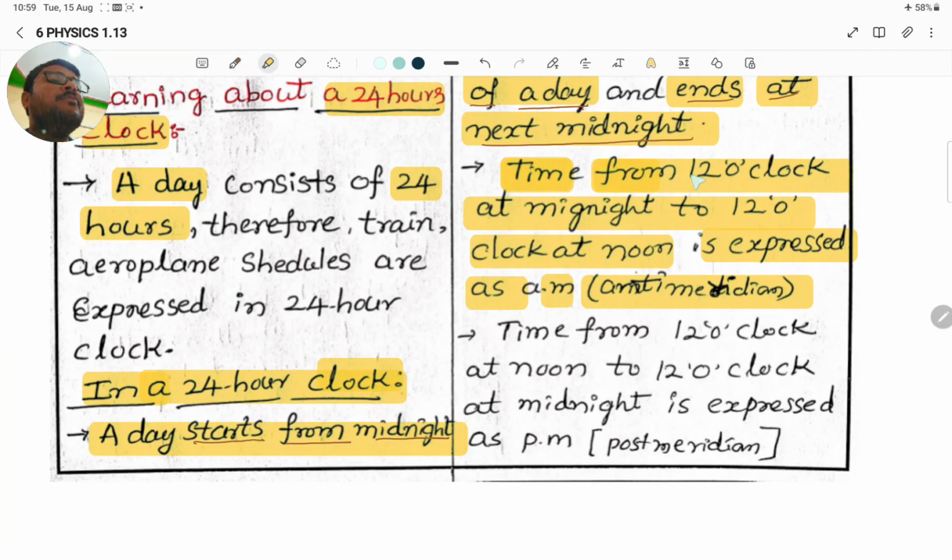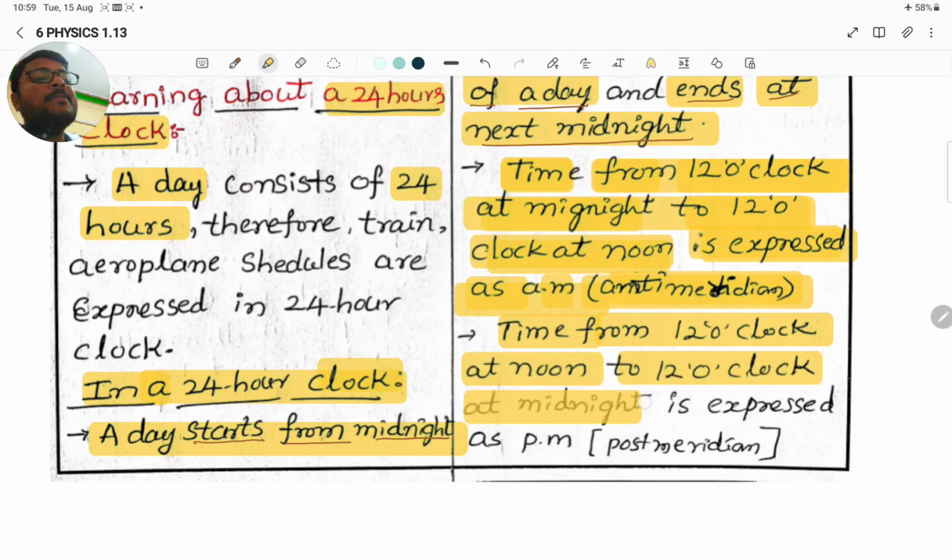The time from 12 o'clock at midnight to 12 o'clock at noon is expressed as AM, anti-meridian. Next point. Time from 12 o'clock at noon to 12 o'clock at midnight is expressed as PM, post meridian. PM is from 12 o'clock noon to 12 o'clock midnight.